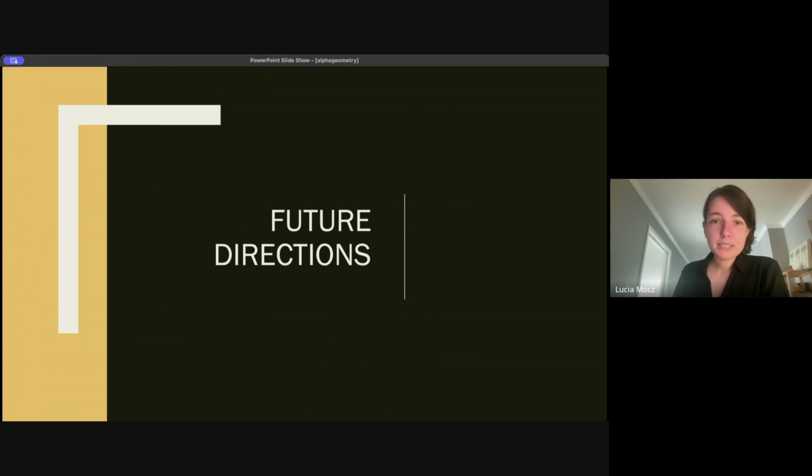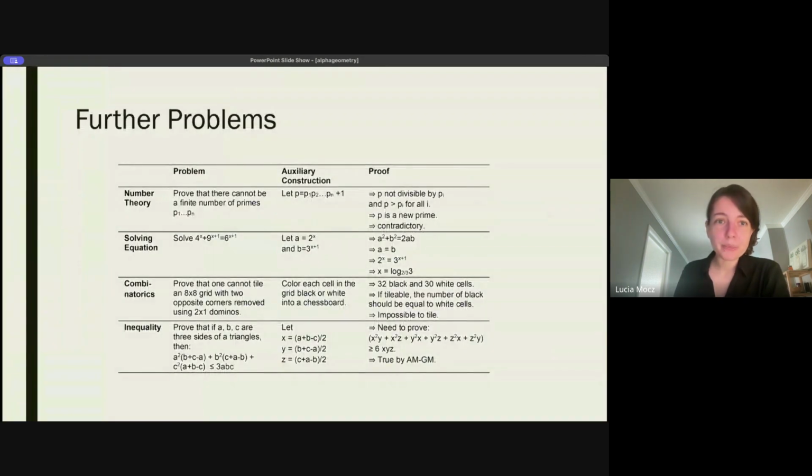All right, so I want to conclude with a few future directions that are stated in the paper, and also some future directions that I think are interesting to look into. The paper does talk about adapting this to other types of problems which rely on symbolic reasoning, and where the problems rely on some auxiliary constructions.